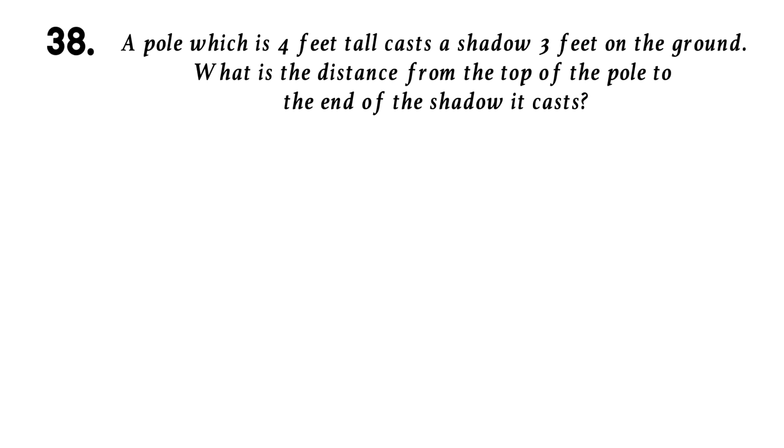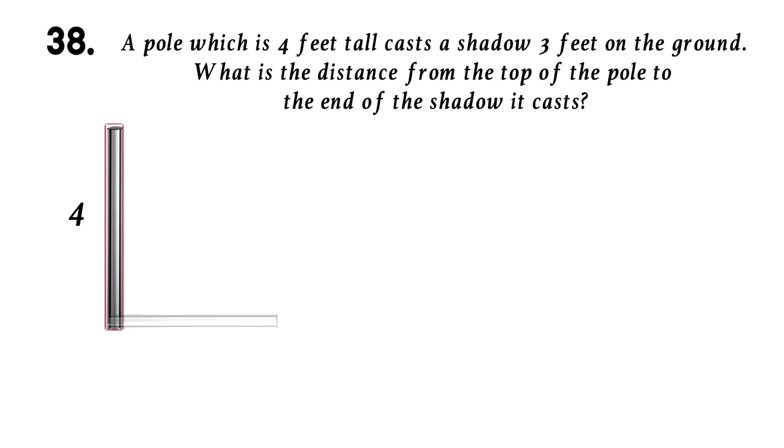Question 38. A pole, which is 4 feet tall, casts a shadow 3 feet on the ground. What is the distance from the top of the pole to the end of the shadow it casts? This is pretty much the same question as 37. Let's get a diagram. So this is our pole, which is 4 feet. This is the shadow it casts, which is 3 feet.